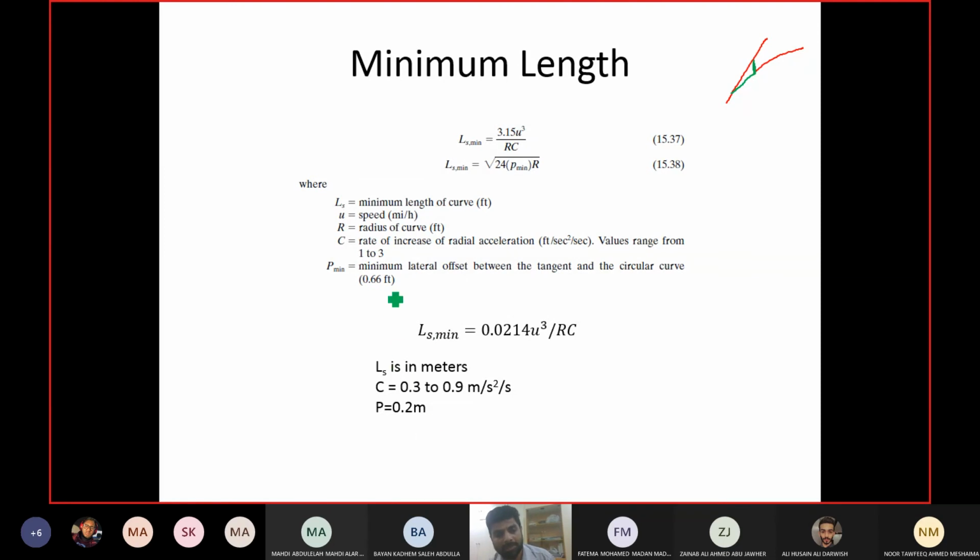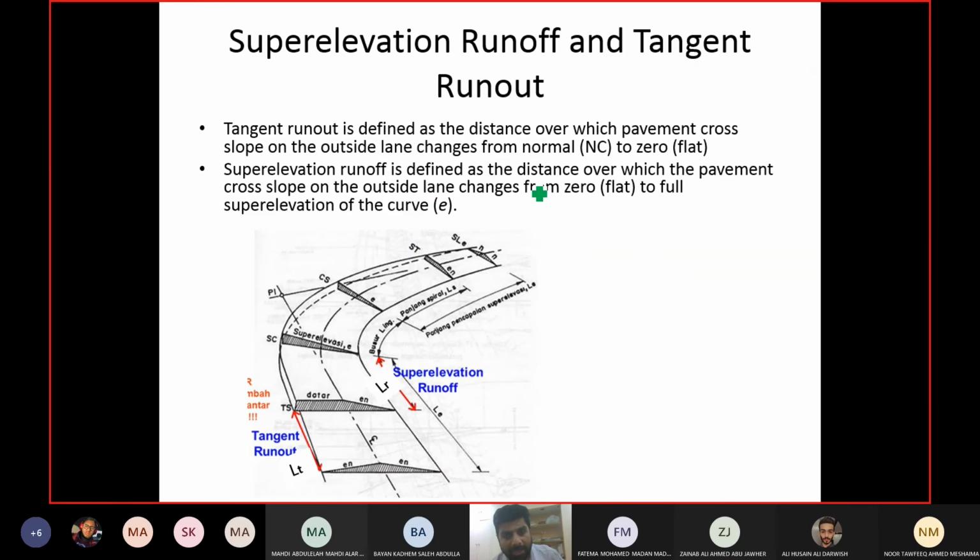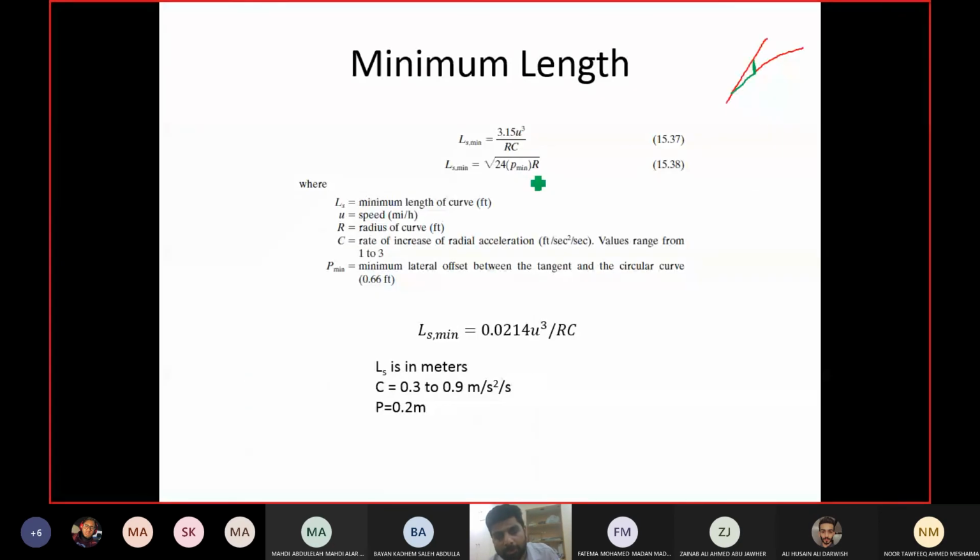So you have the value of P. If you put the value of P and R in meters in this equation, you will get the answer in meters. If you put the value of P and R in feet, you get the answer in feet. So there is no conversion required for the second equation. The equation will remain the same; only the values of P and R change between feet and meters.